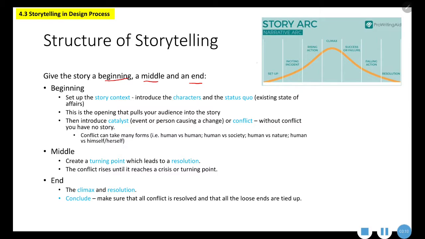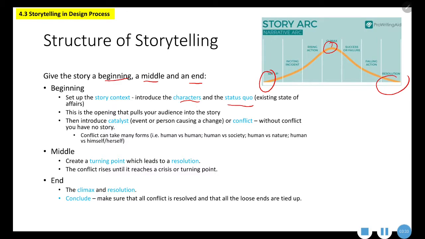So it has to have a beginning, a middle, and an end. In the beginning you have to set up the story context. You have to introduce the characters and the status quo. Status quo is the existing state of affairs of the story. So this is the opening that pulls your audience into the story.